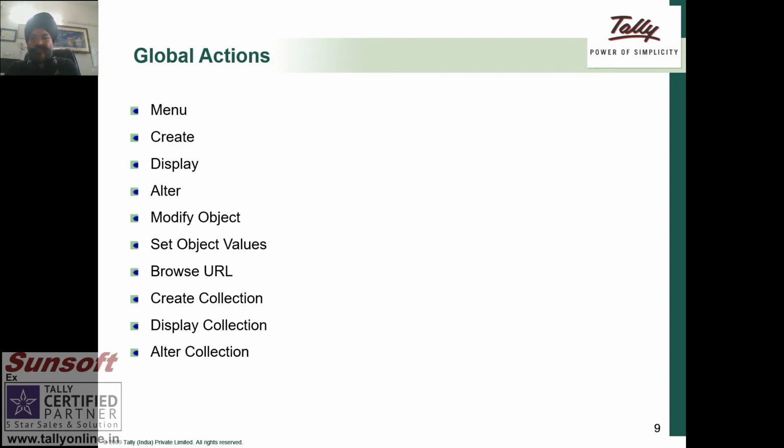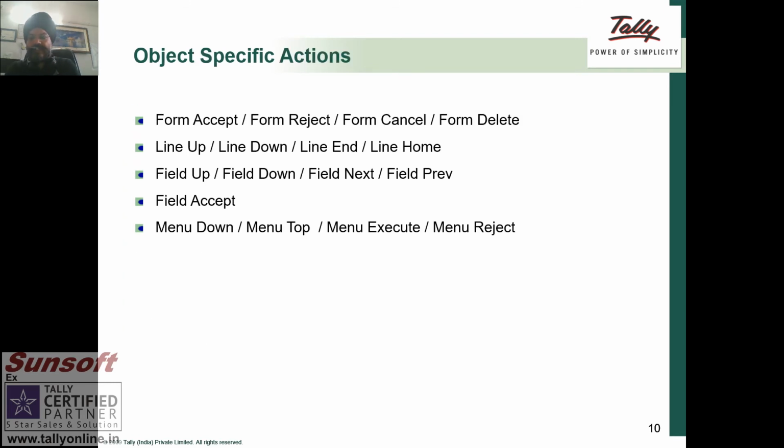So global actions are menu, create, display, alter, modify object, set object values, browse URL, create collection, display collection, alter collection. All this we will cover in detailed topics later on. I am just keeping it as a reference at this point of time.